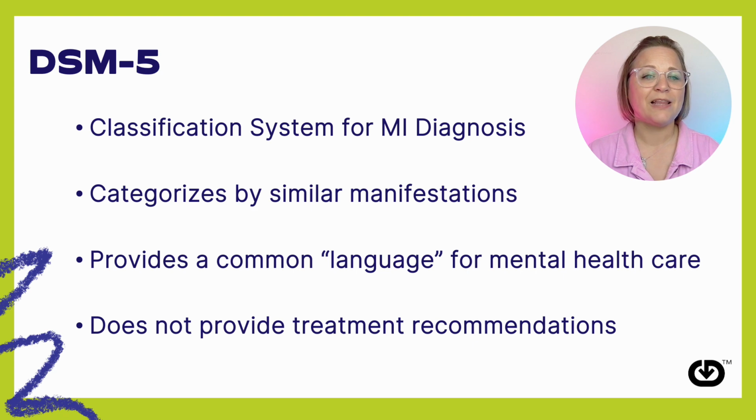It provides a common language for mental health care and gives specific parameters on what qualifies for each mental illness. So there would be specific qualifications for something like bipolar 1 versus bipolar 2, schizophrenia, borderline personality disorder, and so on. It's a great resource to understand the clinical manifestations of each of these diagnostic medical illnesses.